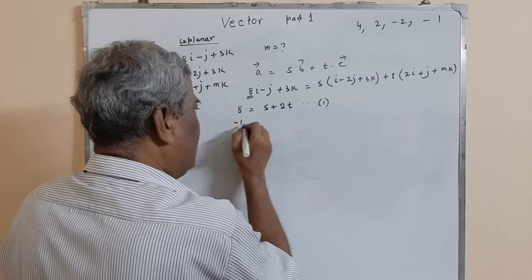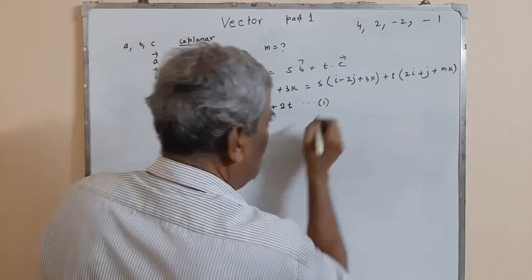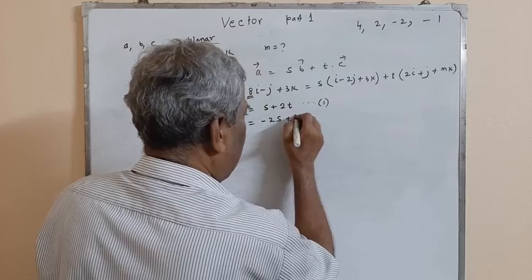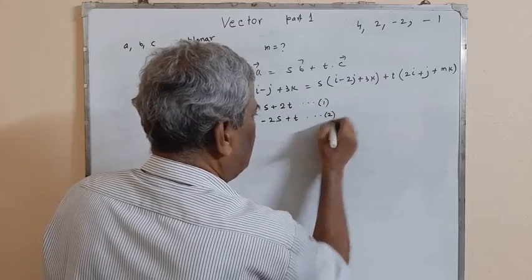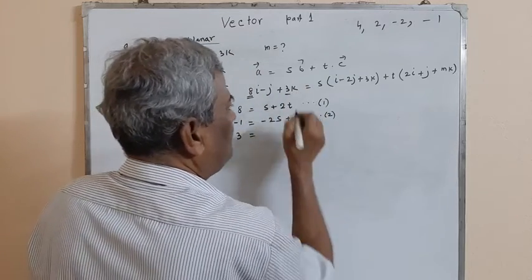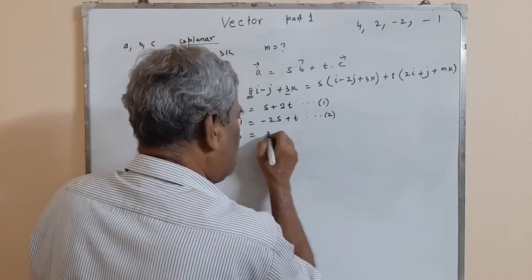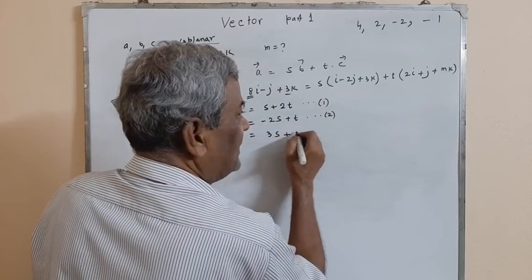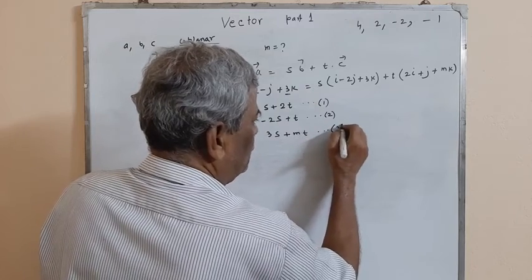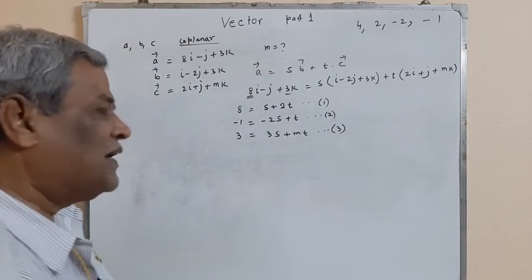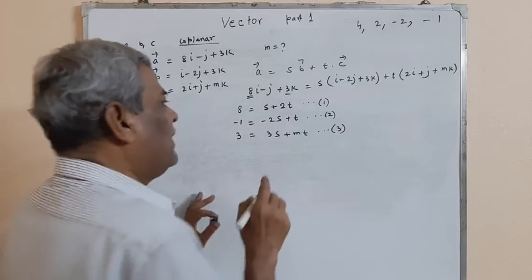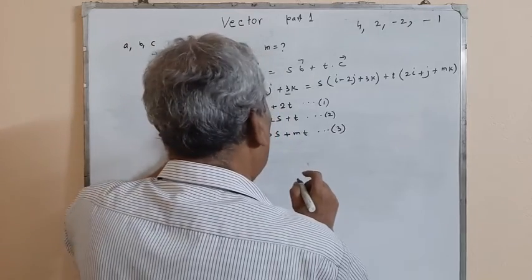The j component: minus 1 is equal to minus 2s plus t, second one. And third one, the k component: 3 is equal to 3s plus mt. So three equations must be satisfied simultaneously. Now let us solve 1 and 2.